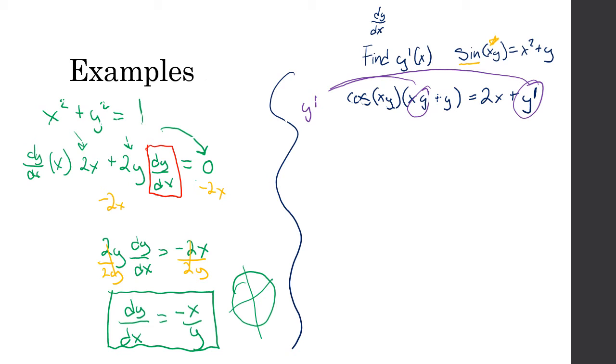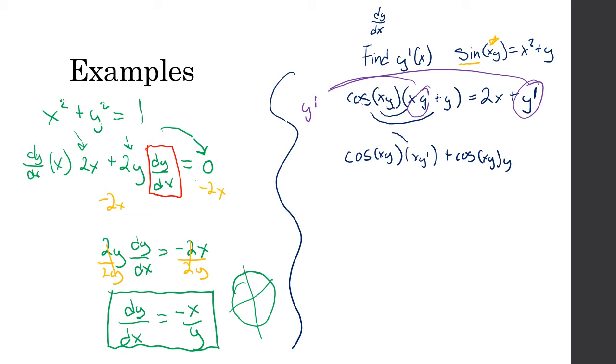If we distribute this cosine xy to each term, we've got cosine xy times x y prime plus cosine xy times y.